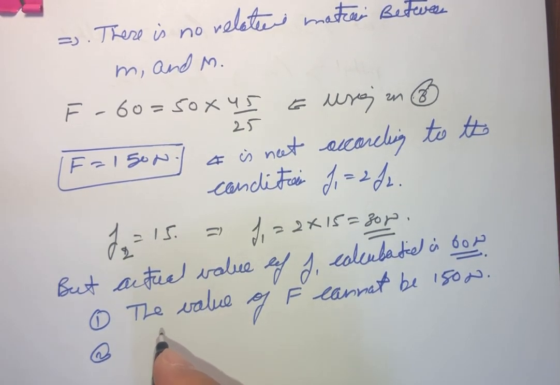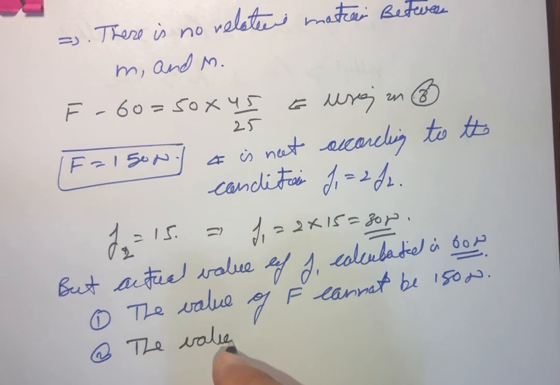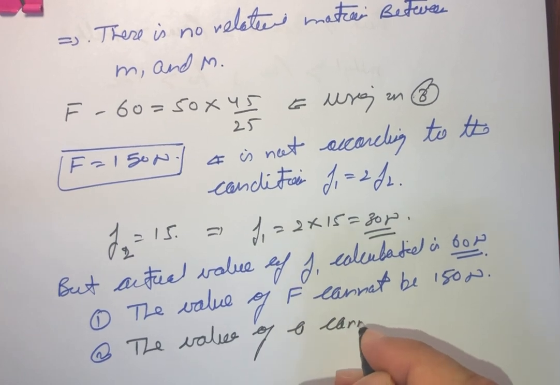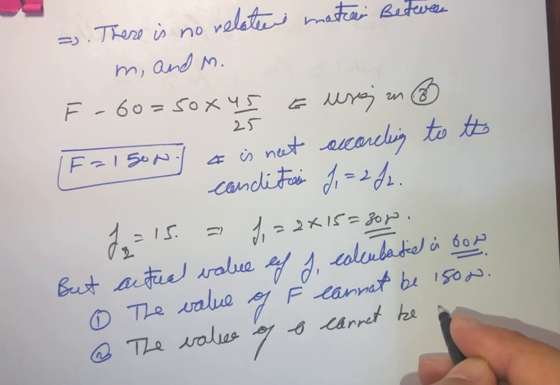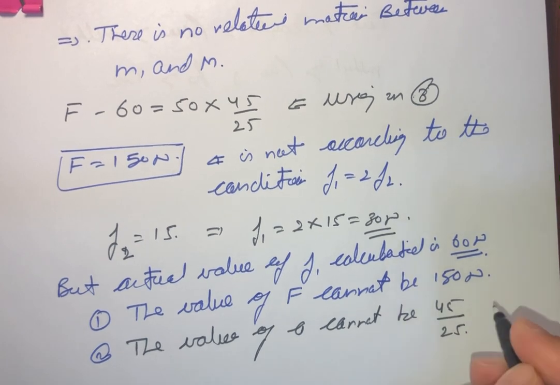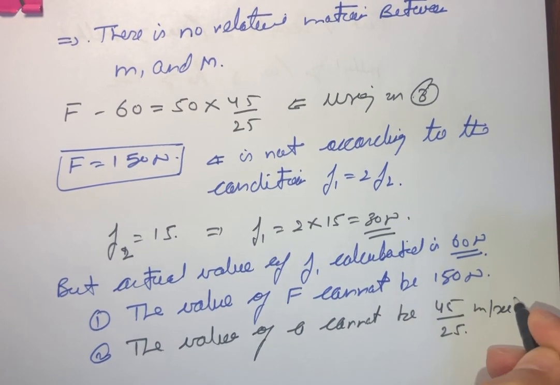Okay. You can see the value of acceleration cannot be 45 by 25 meter per second square.